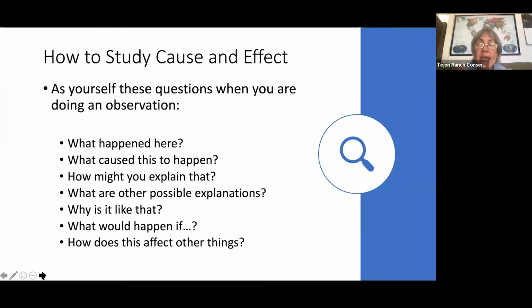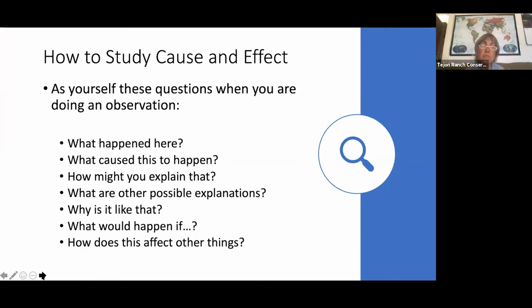You need to get your head into this cause and effect psyche that you can use as you're wandering around your environment to decide what it is you're going to study to show cause and effect. Some questions you probably already ask and don't even realize you're asking cause and effect questions. What happened here? What caused it to happen?